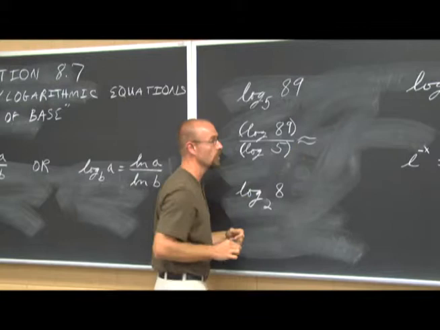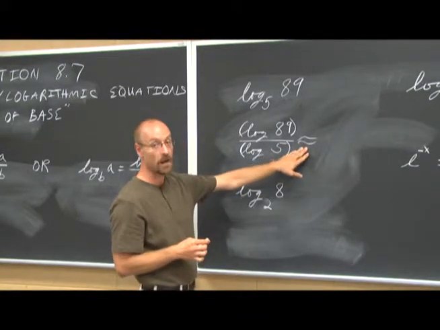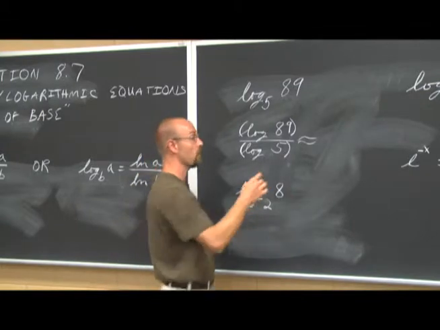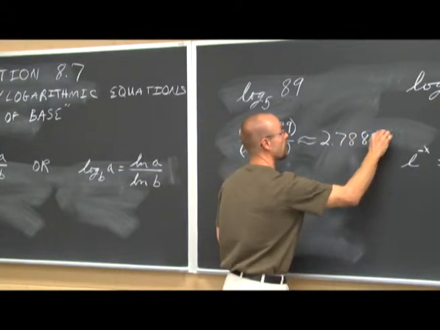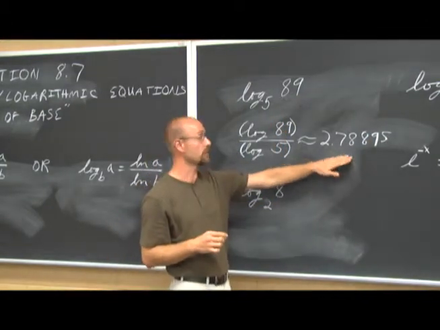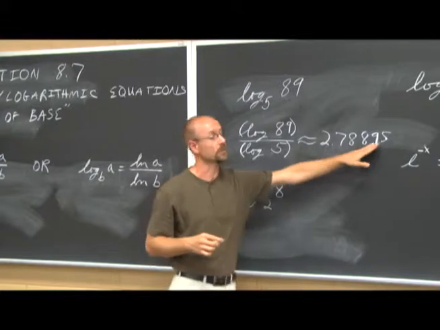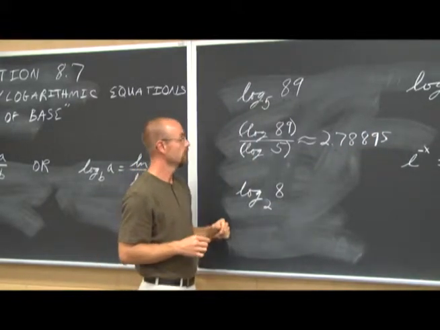And when I do so, I'm going to get an approximate value, because I do have to round at some point, of 2.78895 to 5 decimals. If you put that in your calculator, you should get the same value. Your calculator will probably extend it out a little further, but we're just going to round to that.